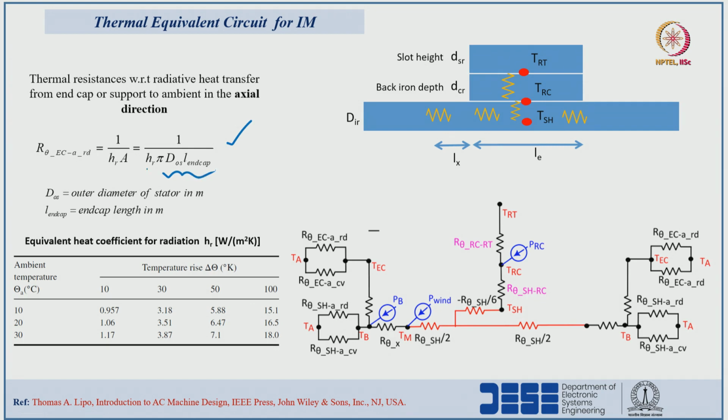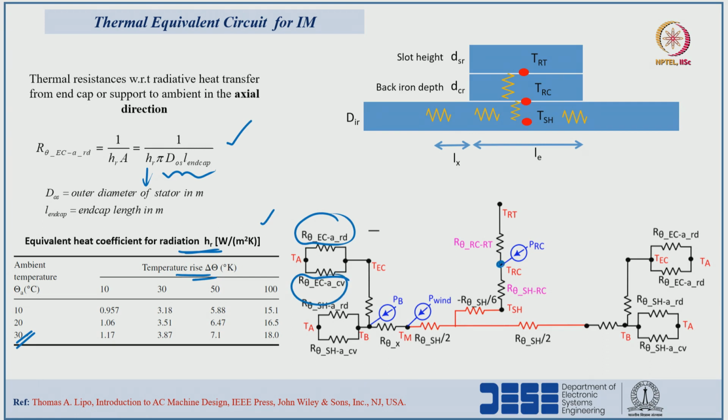Area will be same and the heat transfer coefficient with respect to the radiation we have to consider from this table. Depending upon the ambient temperature and the temperature rise, we can calculate the heat transfer coefficient for radiation. So, this resistance also we have calculated.